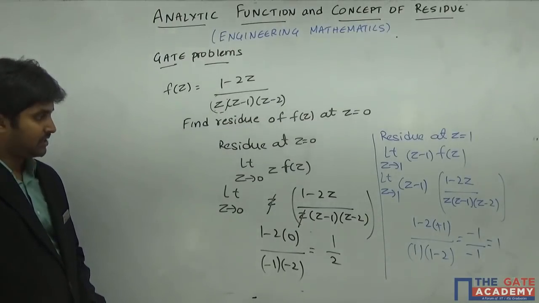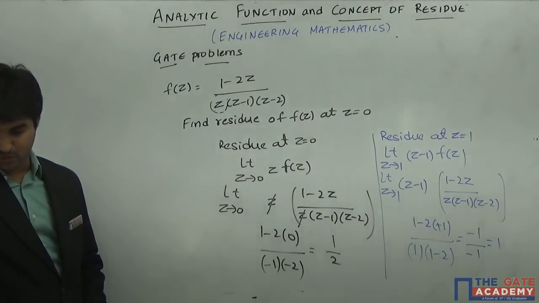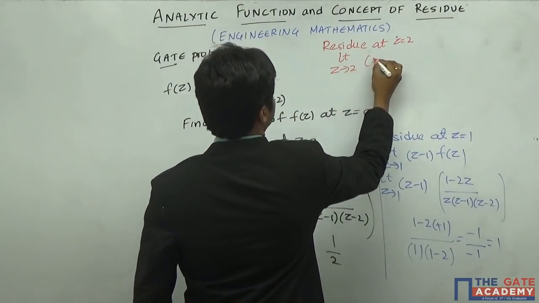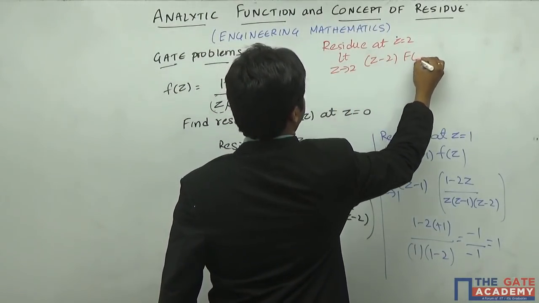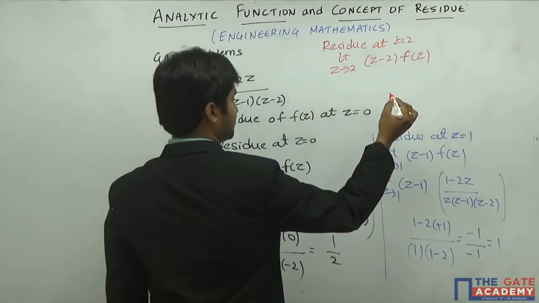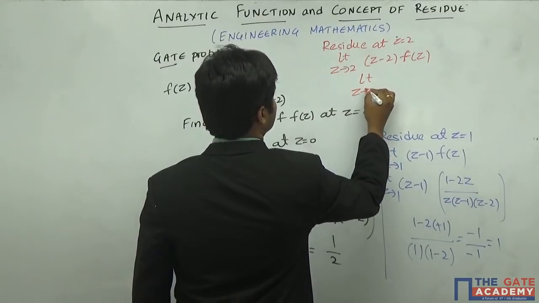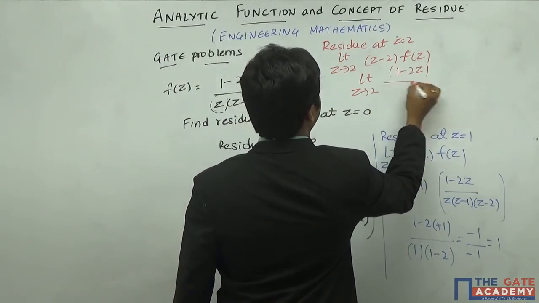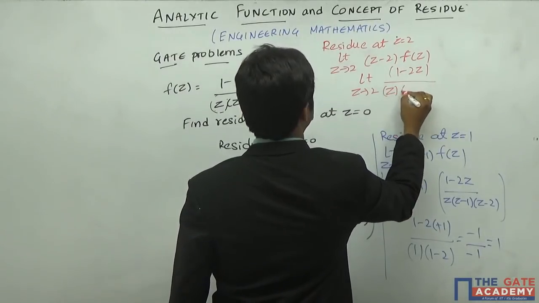Similarly, you can find the residue at z is equal to 2 also. Limit z tends to 2, z minus 2 into f of z. So what is going to be the answer? Limit z tends to 2, directly I am writing it as 1 minus 2z divided by z into z minus 1.